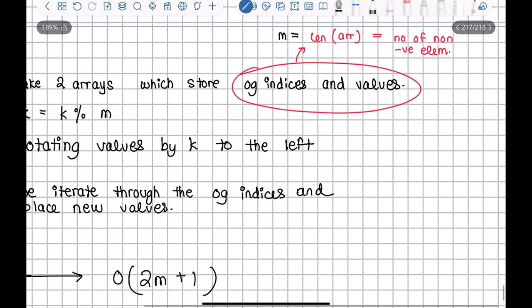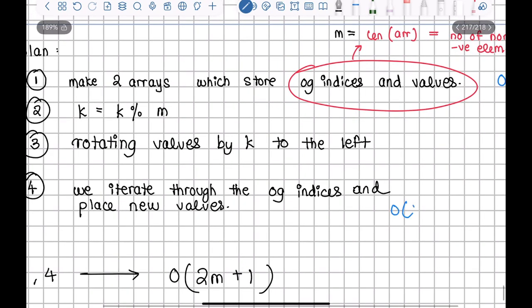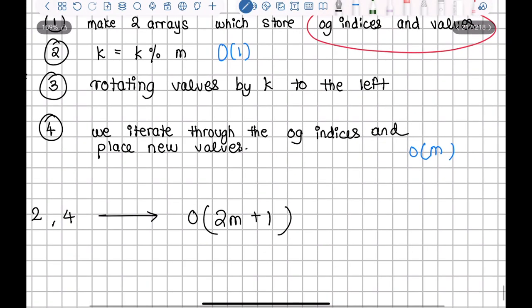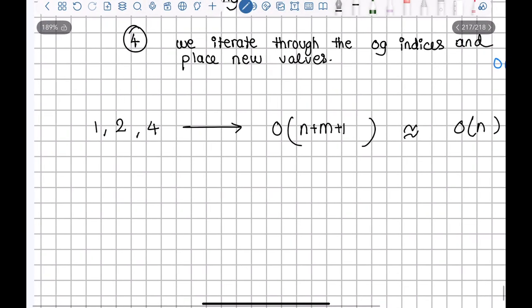This is an O of n operation. This is an O of m operation. This is an O of 1 operation. So essentially I can easily say that this is an O of n plus m plus 1 operation, which is nothing but O of n, right? Nothing but O of n.